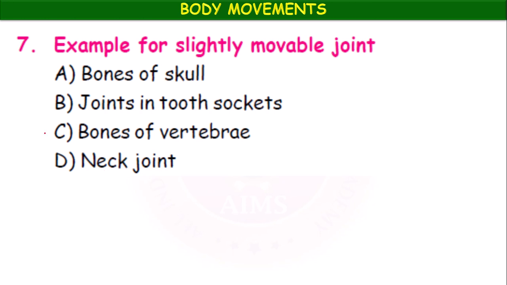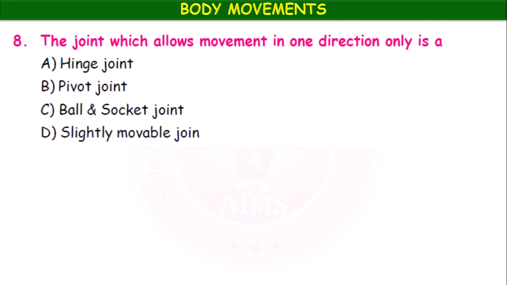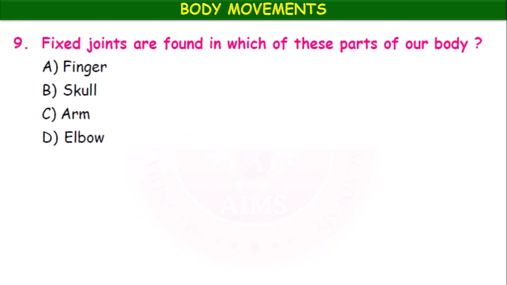It is the bones of vertebrae where slightly movable joints are present. The joint which allows movement in one direction only is the hinge joint, which acts like a door hinge.